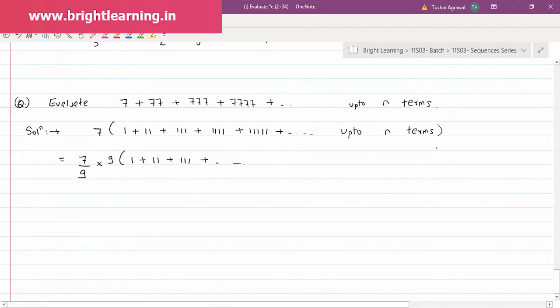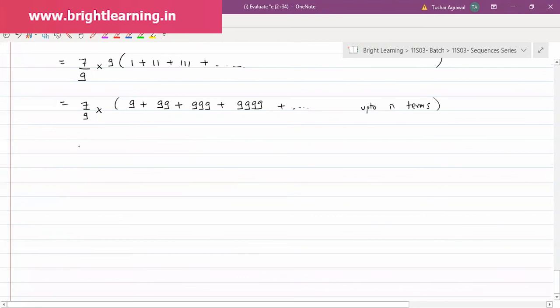So 7 upon 9 multiplied by: 1 times 9 is 9, 11 times 9 is 99, 111 times 9 is 999, then 9999, and so on. The number of terms is n. Now, 9 plus 99 and so on is not a geometric progression.